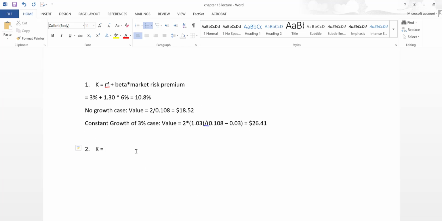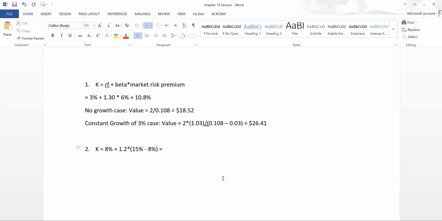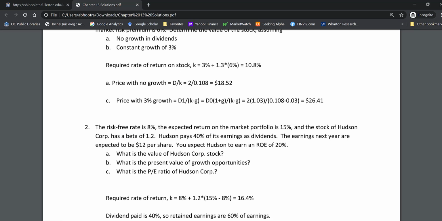Okay, so 8% plus 1.2 times 15% minus 8%. Okay, that would be the required rate of return, and that is 16.4%. Right, so that's our K.